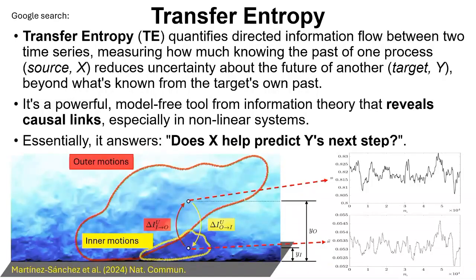When we have two signals, we can establish the causal relationship between them. It quantifies the information flow between two time series, measuring how much knowing the past of one process reduces the uncertainty about the future of another process. This way you can establish a causal link between two signals.